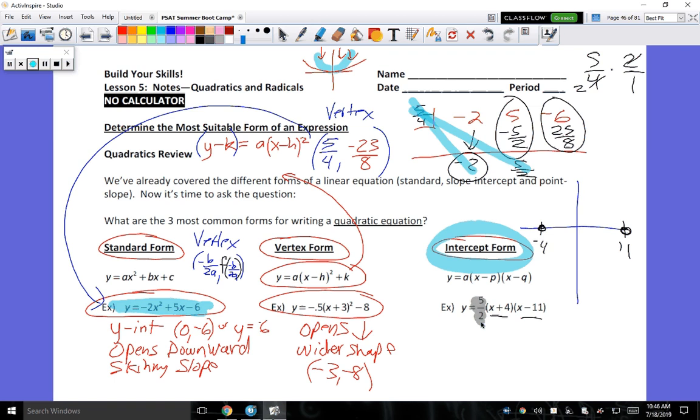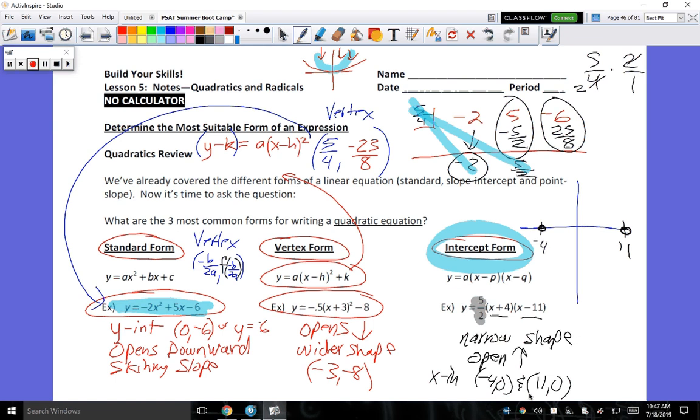So a stretch, and I don't know if I said this incorrectly just now, a stretch would make it what? Narrower. Okay? So this will be a narrow shape. It does open up, and our x-intercepts are negative 4, 0, and positive 11, 0.